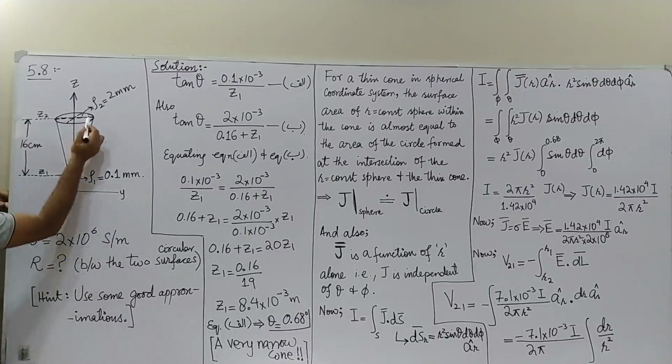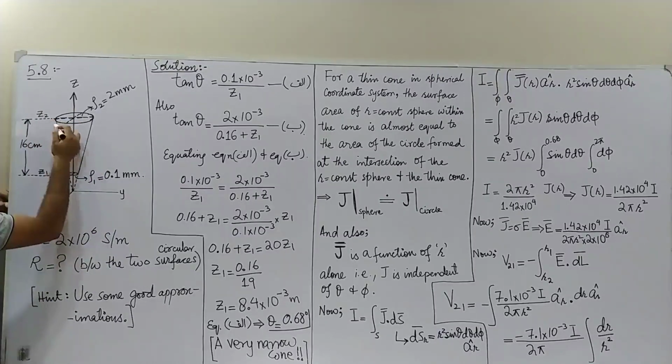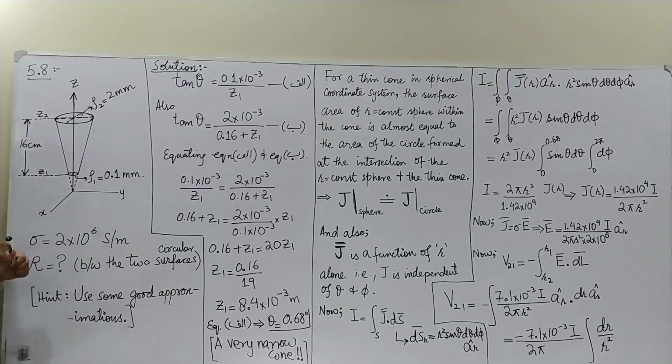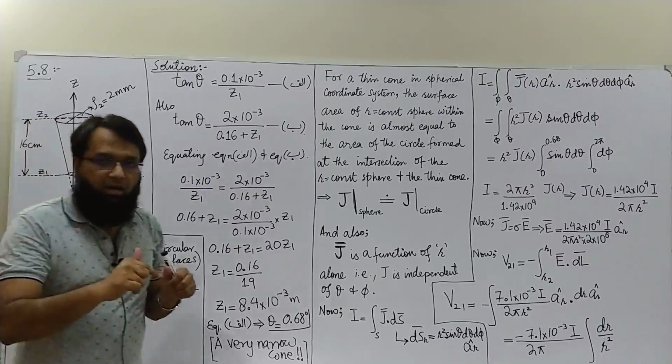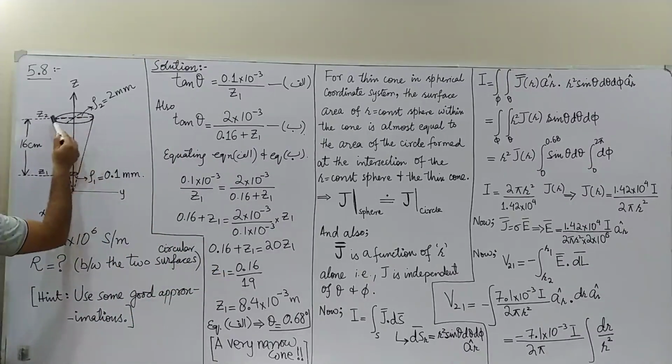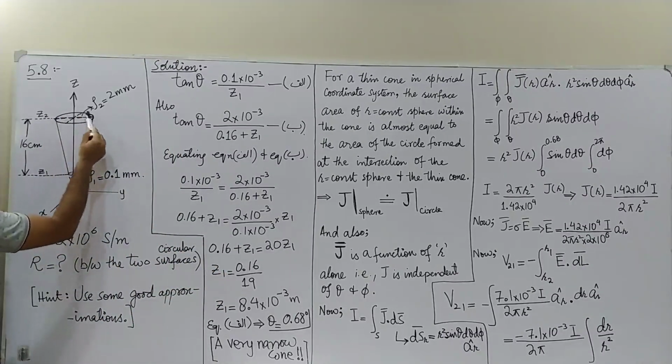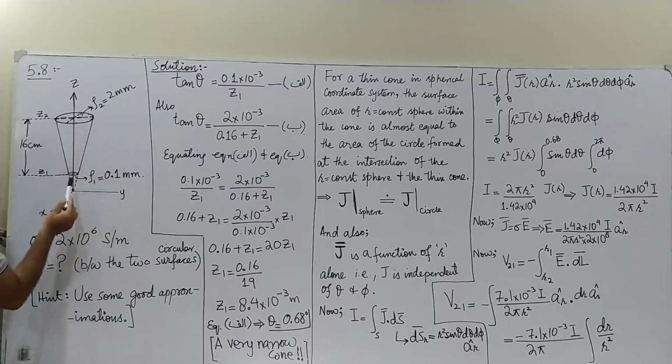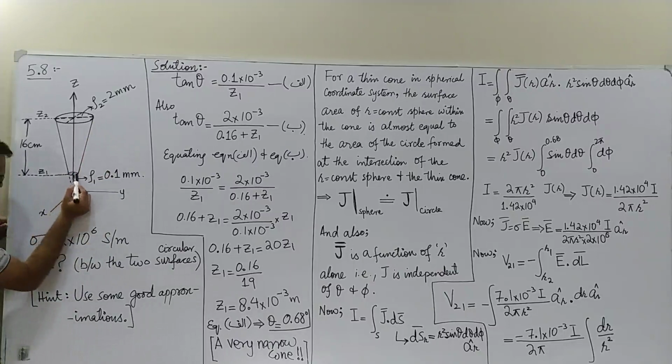These circles we should know by now. These circles are the result of the intersection of theta equals constant and r equals constant. This one is the intersection of theta equals constant and r equals constant, and this is also the intersection of theta equals constant and r equals constant. This is the smaller circle.